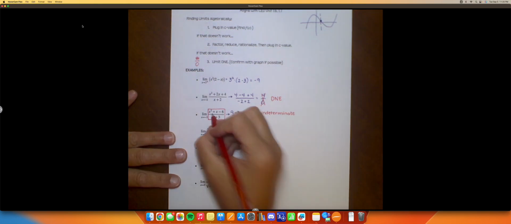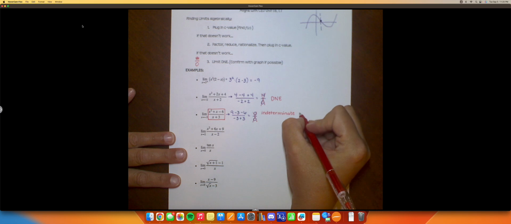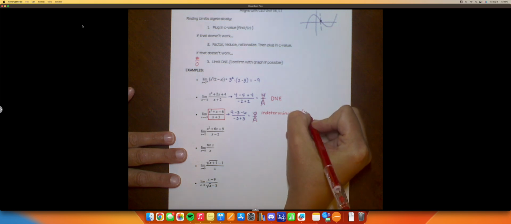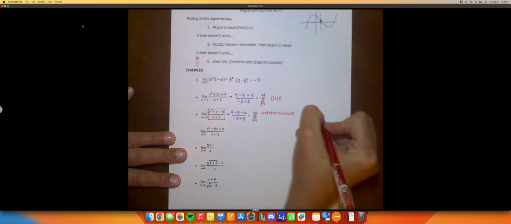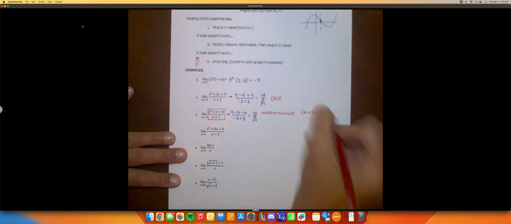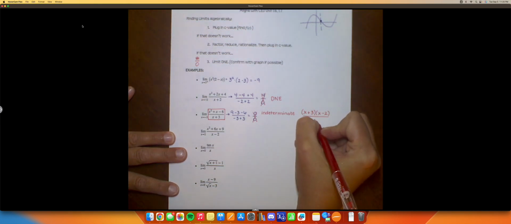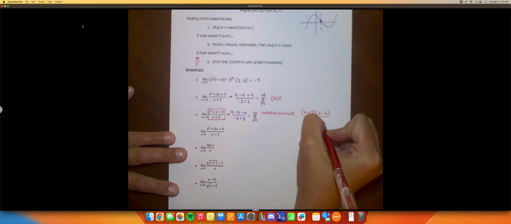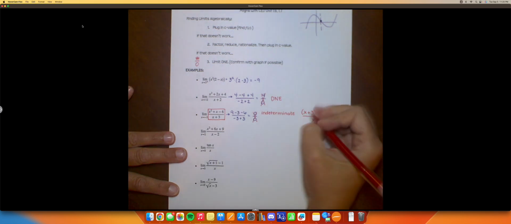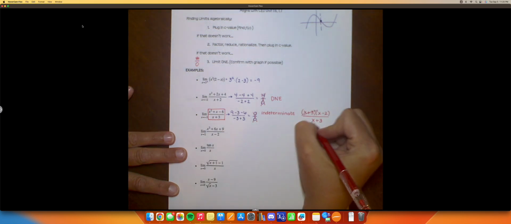But I'm going to take this expression here and I'm going to factor the top. So x squared plus x minus 6 factors into x plus 3 times x minus 2. You can double check that if you're not sure about that. And on the bottom, I still have an x plus 3. And then what I notice is that my x plus 3's cancel.